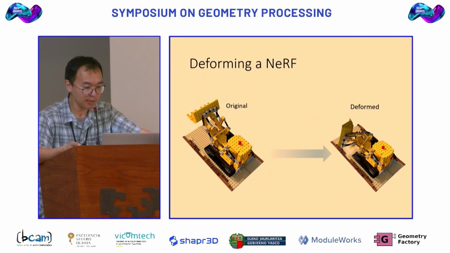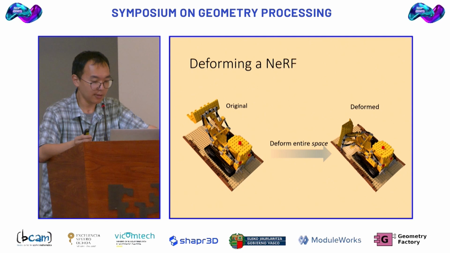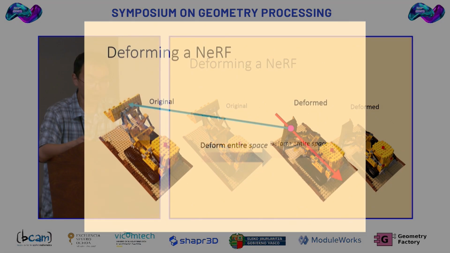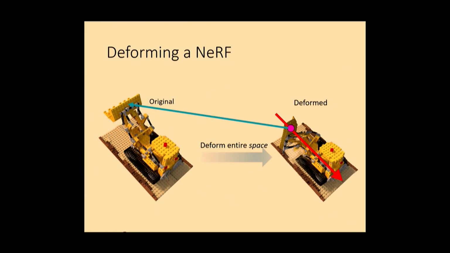You have two frames. One is the original canonical frame, one is the deformed. You have many frames. You know the two neural fields in the canonical frame. If you want to know that, you need a mapping between the canonical frame and the deformed frame. Those neural fields are defined in 3D, and those mappings are also defined in 3D. Now, it's very important that this mapping is one-to-one.